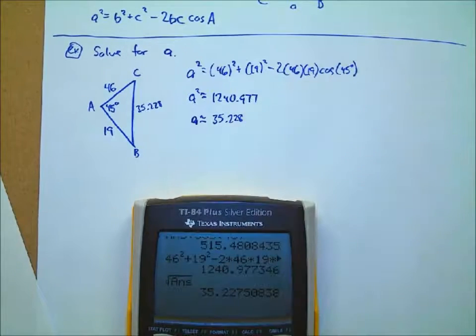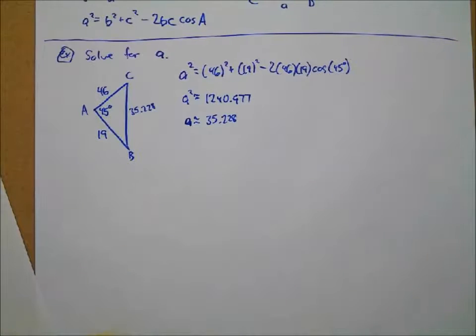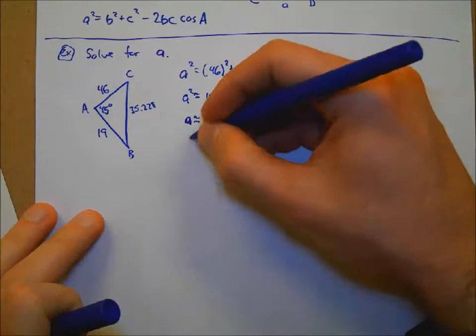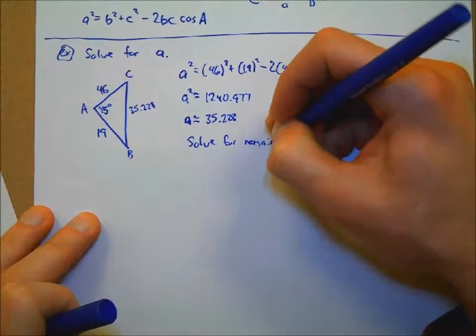At this point, do I need to keep using law of cosines? What can we use now? Law of sines, because we have an angle and opposite side pair that we know, and so we can then solve for the remaining pieces. I'm not going to have us actually do that.